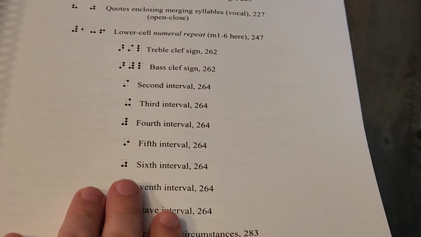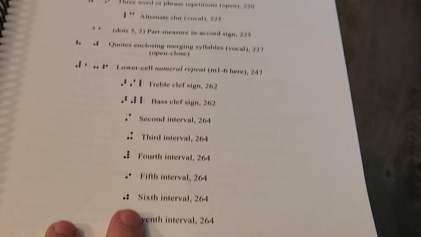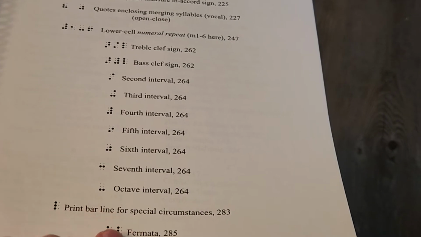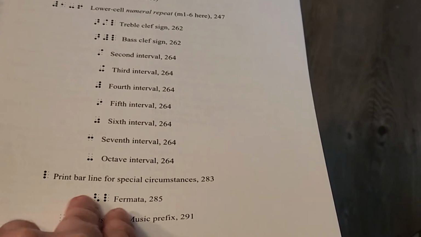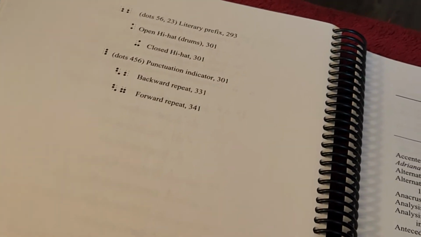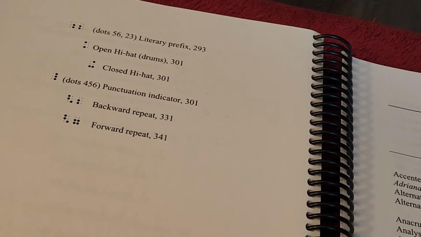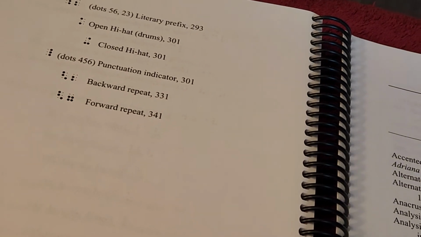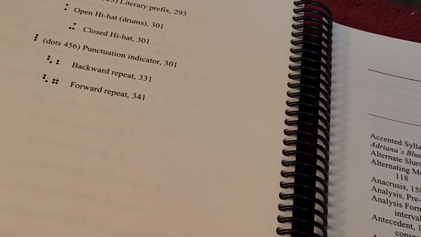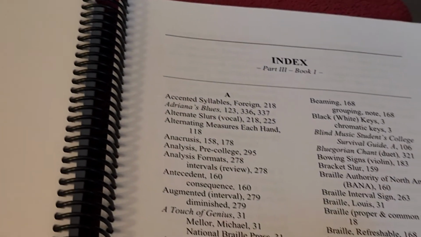Intervals are taught in this book. These are all your intervals. Part bar line. I'm not exactly sure what that is, but it's there. So backward repeat, forward repeat, and then your glossary.